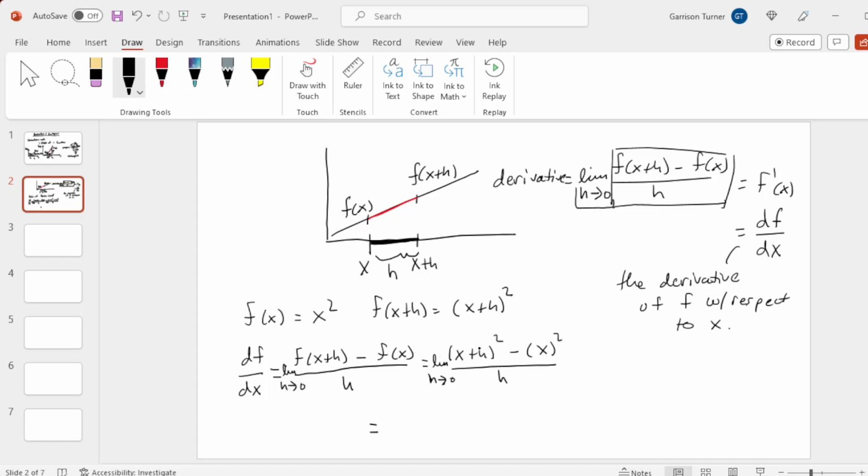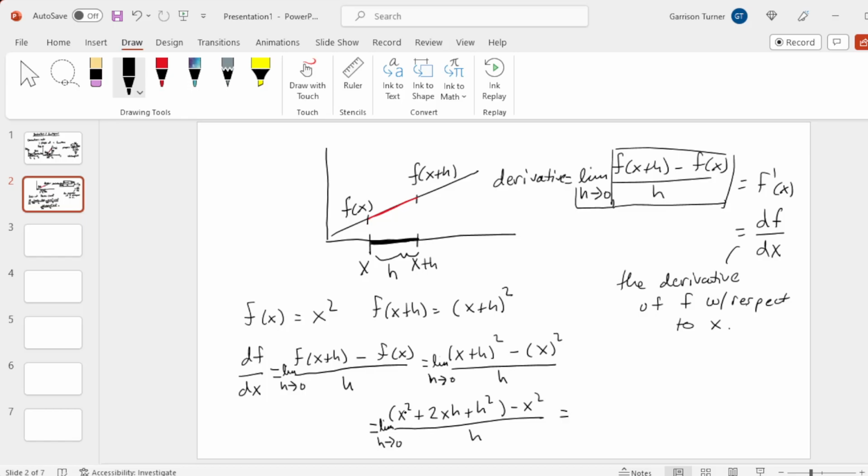So now we expand x plus h squared by foiling it, so this becomes x squared plus 2x times h plus h squared, minus x squared, divided by h, and once again in the limit that h goes to 0. Okay?